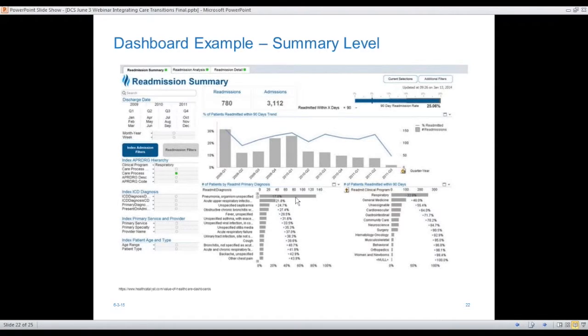I know this is an eye chart, but you can see the bar chart is highest here for pneumonia under readmit diagnosis, and readmit reasons, number of patients were highest in respiratory. No surprise. So what are we going to do about pneumonia? Why are patients coming back? What should we do to try and understand? Are they healing as they go? And you can see other indices and so forth on this summary report, as well as trend lines and trend reports. That's the high level executive summary that Orlando Health just talked about.